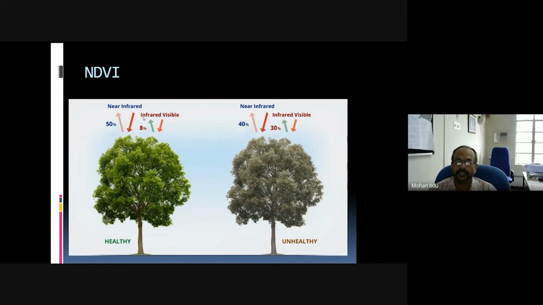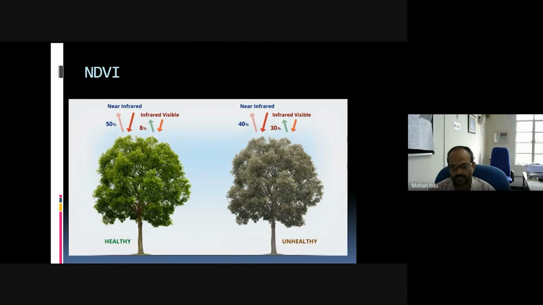You can see the reflections from healthy vegetation: the near infrared is 50%, whereas in the case of unhealthy vegetation, if there is a pest or a drought situation where the vegetation is getting degraded, you can see the reflection is very low in the near infrared spectrum and also in the visible spectrum.